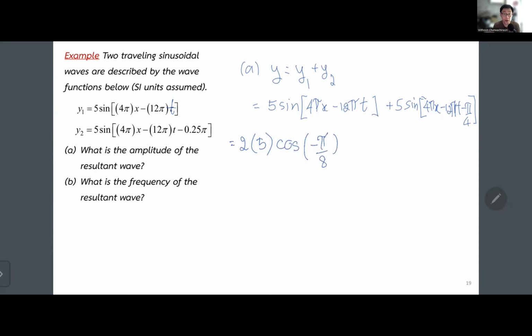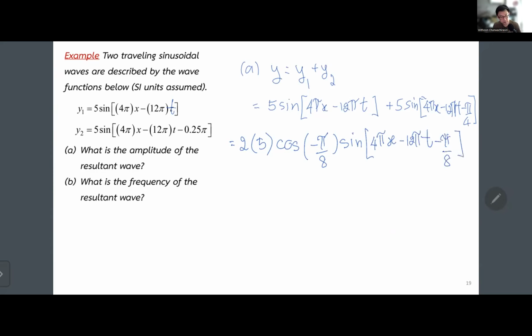Okay, the difference over 2. Take the difference of those two brackets divided by 2. Now followed by the sine, and then you follow by the sum divided by 2. So you add them and then divide by 2, you get back the original. So it's just 4 pi x minus 12 pi t, but then the last term has to be divided by 2.